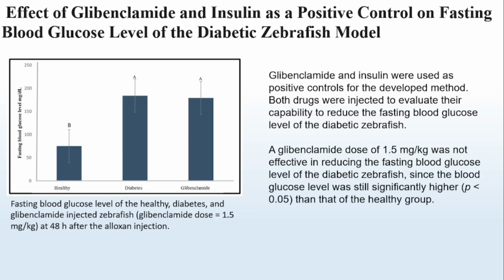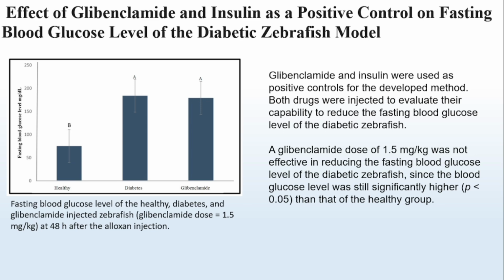So after they established the protocol for induction of type 1 diabetes in the zebrafish model, they studied the effect of glibenclamide and insulin as a positive control on the fasting blood glucose level of the diabetic zebrafish. So this figure first uses the glibenclamide dose of 1.5 milligram per kilogram, and both drugs were injected to evaluate their capability to reduce the fasting blood glucose level of the diabetic zebrafish.